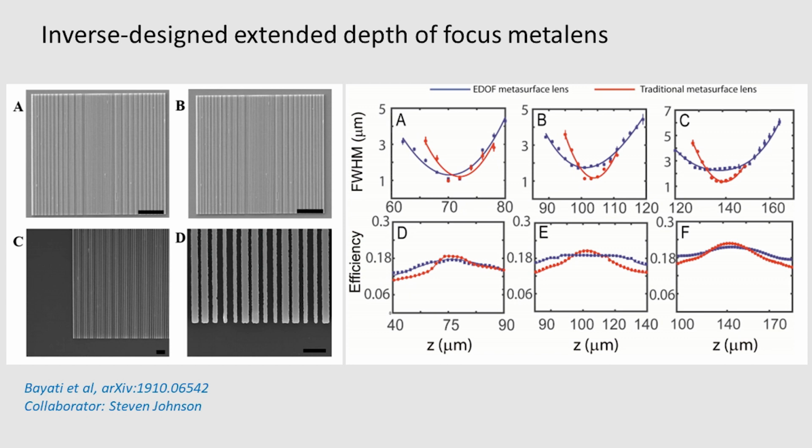As you can see, the red one is the ordinary lens and the blue one is this elongated depth of focus. We estimate we have almost 2.5 times enhancement of the depth of focus. It's not good enough to do full color imaging, but at least it shows that inverse design gives us some way to make optics that don't normally exist or that we don't have very good intuition for.